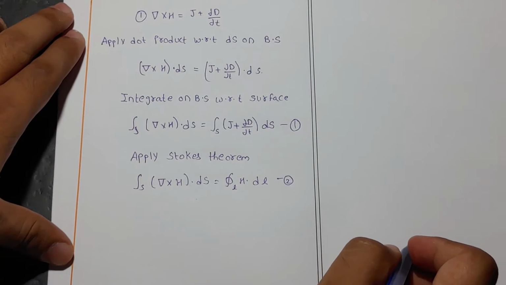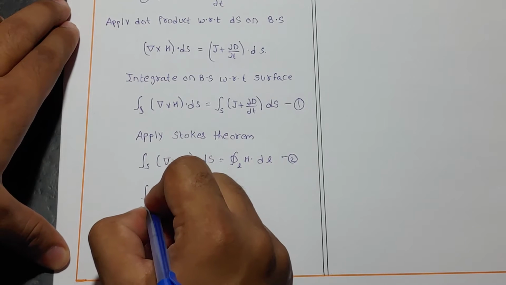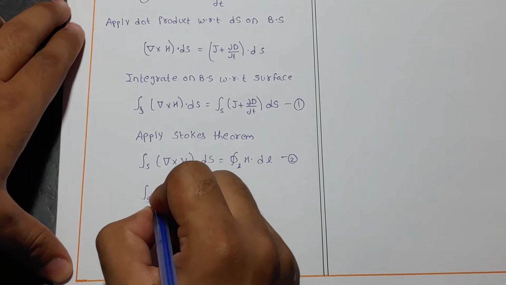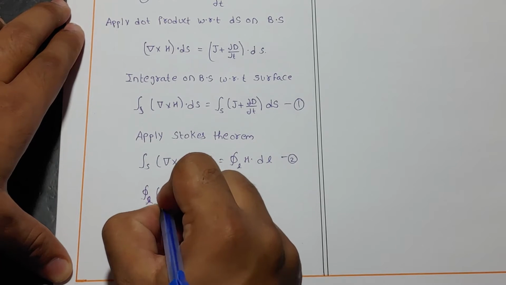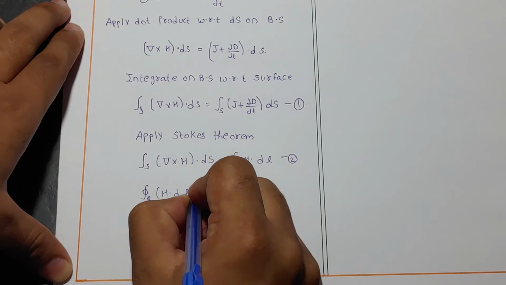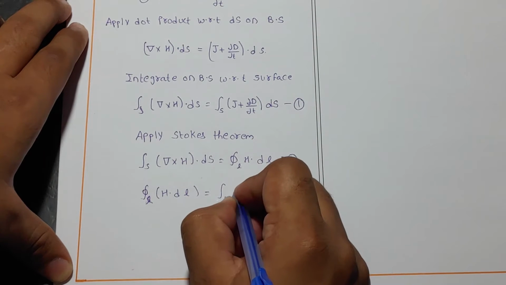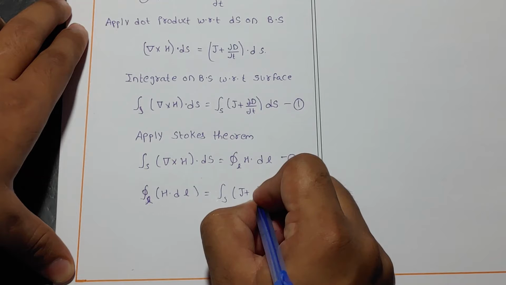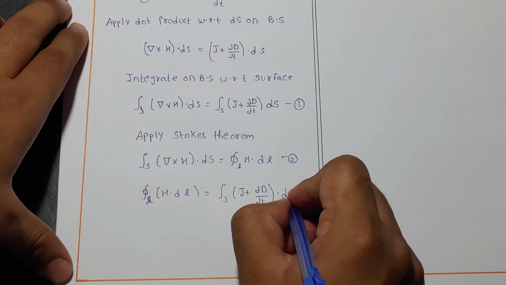Now let us relate equations 1 and 2, that is closed line integral of H dot dl is equal to surface integral of J plus dou D by dou T times ds.